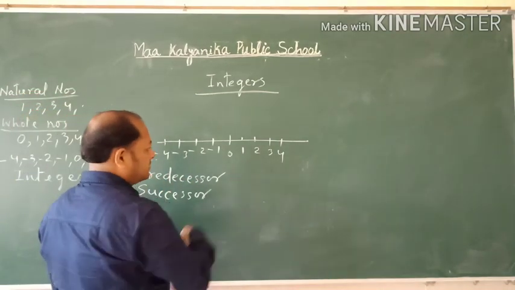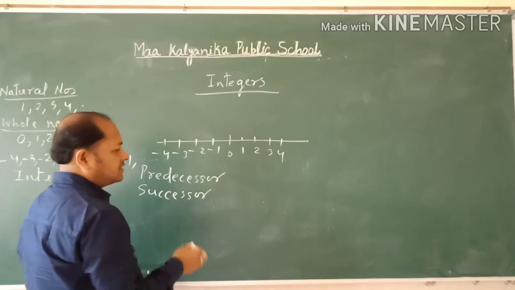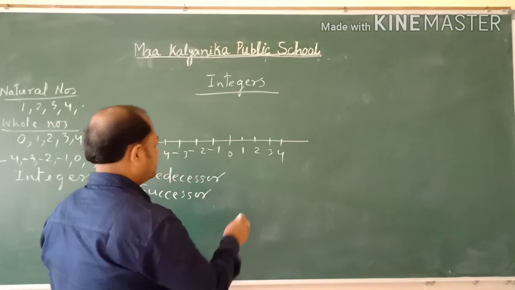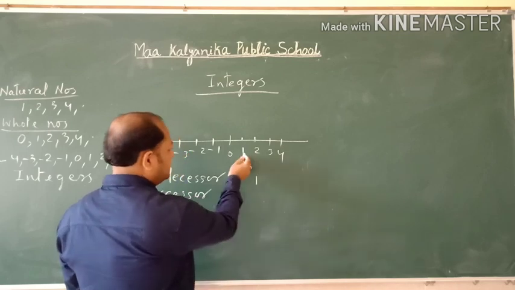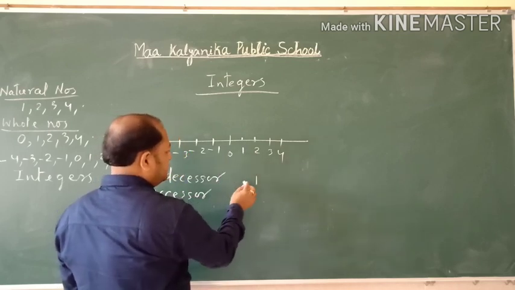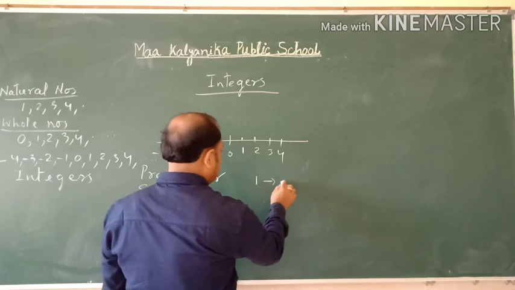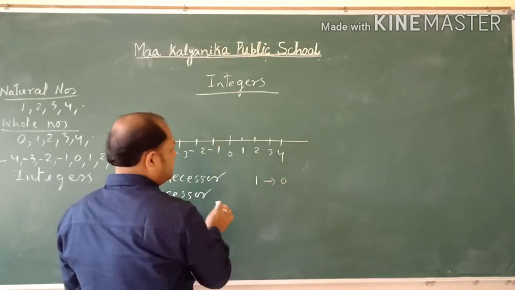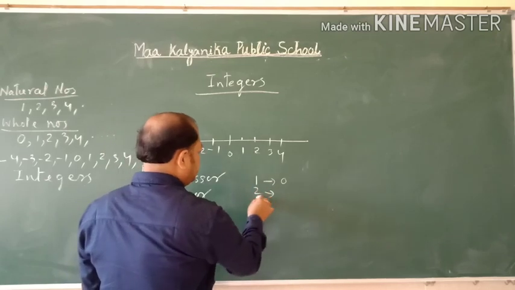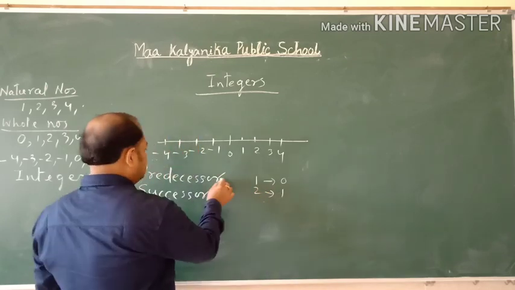If we take an integer, the number before it is called the predecessor. What is the predecessor of 1? We see that the number before it is 0. So 0 is the predecessor of 1. What is the predecessor of 2? 1 is the predecessor of 2. So this is called predecessor.